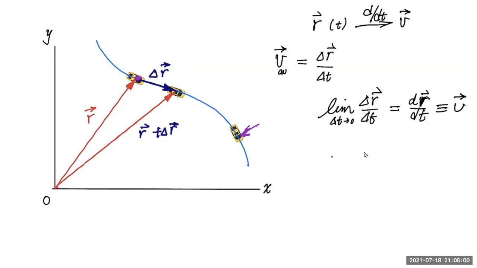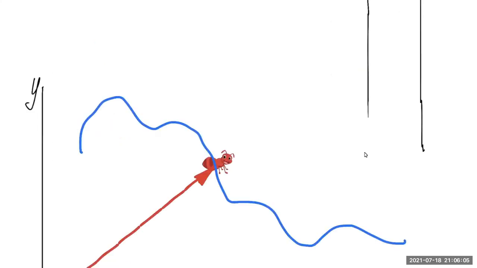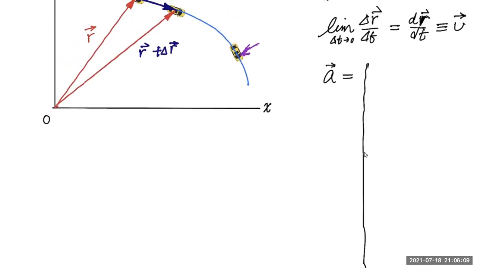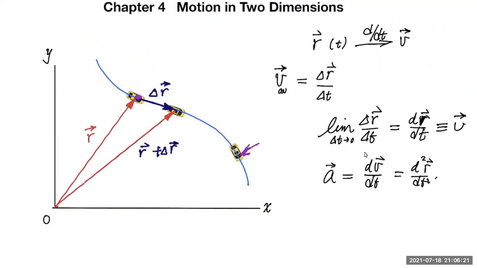So a is defined as dv dt, which is the second derivative of the position vector. You take one more derivative, then you get a, just like we saw in one dimension.